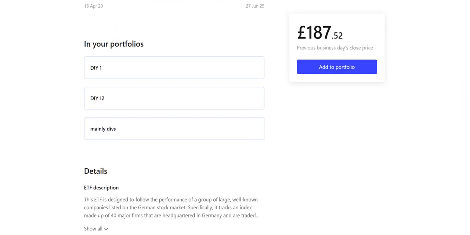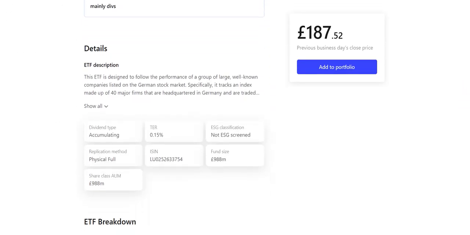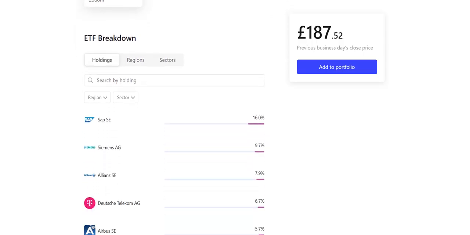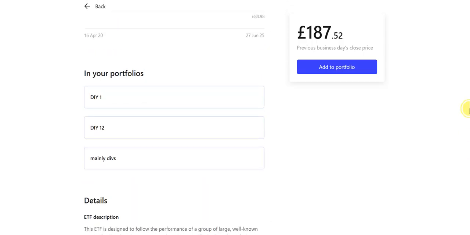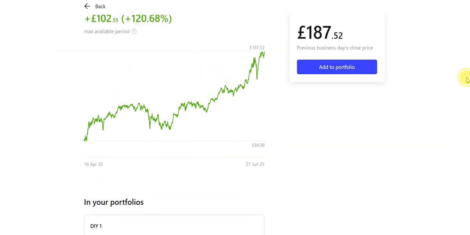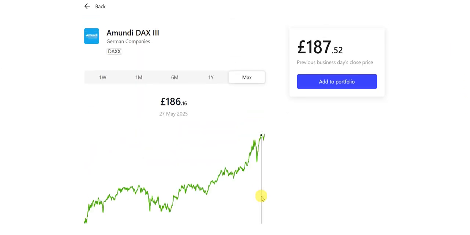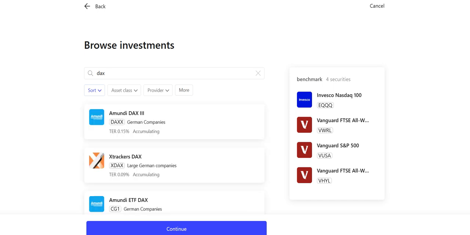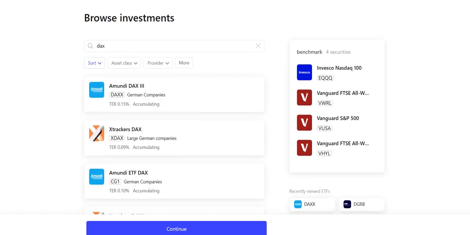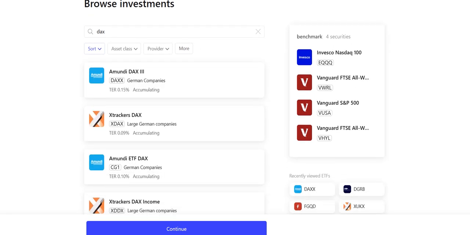I've got this in some of my other portfolios, but if you wanted to add something like that, you just go add to portfolio and you amend your percentages. I think I've got 25% on the 4 that I had.